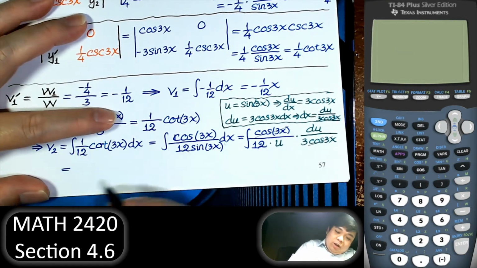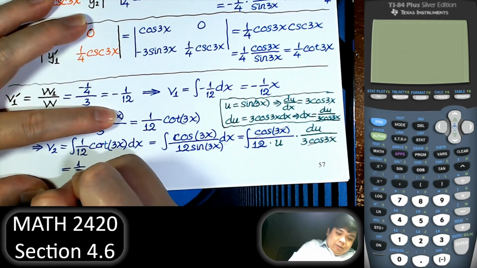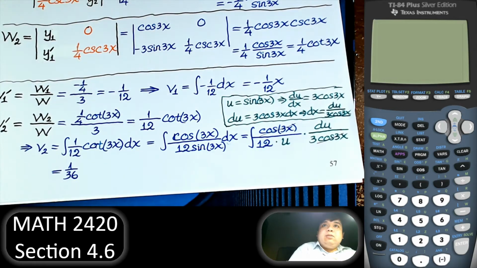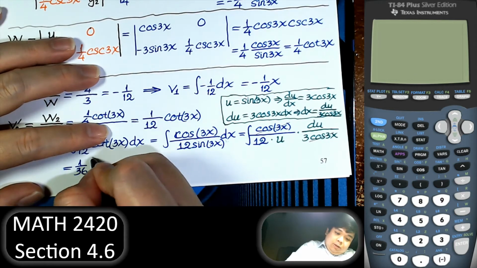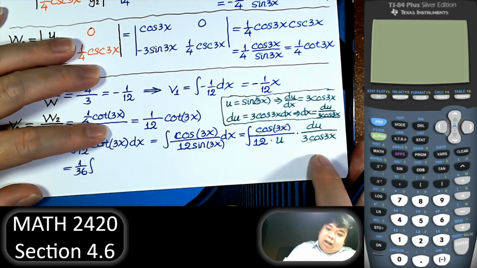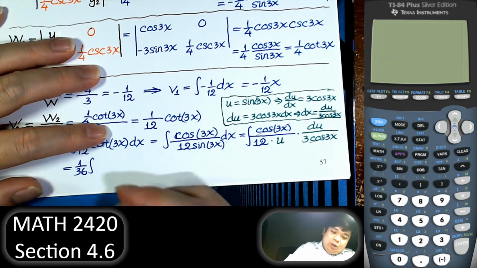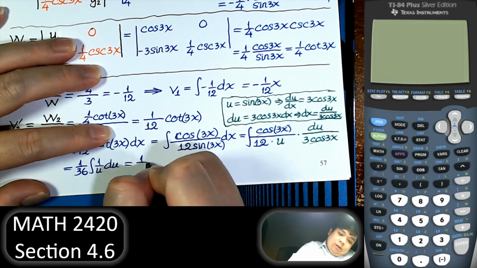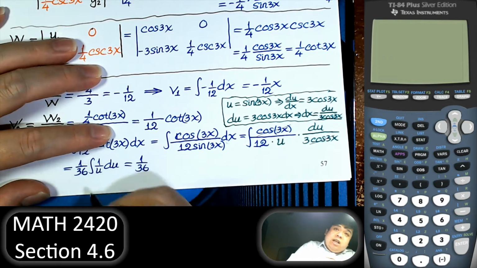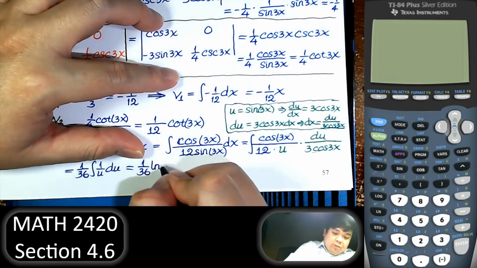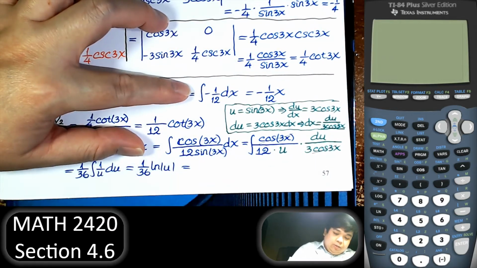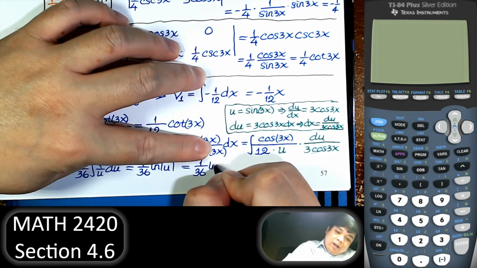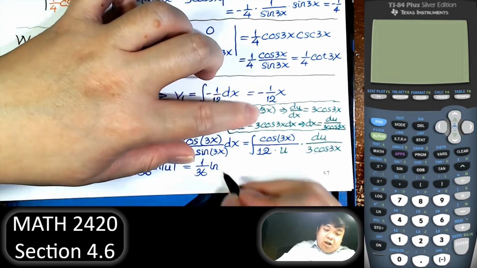Yeah, 3 times 12 is 36. Everything cancel out except 1 over u du. Integral of that is ln of absolute value of u, and 1 over 36 ln of u, which is sine of 3x.